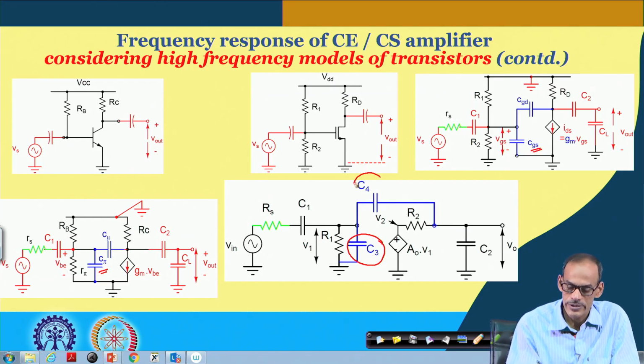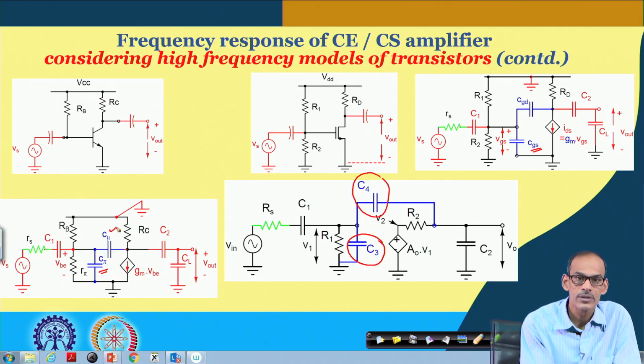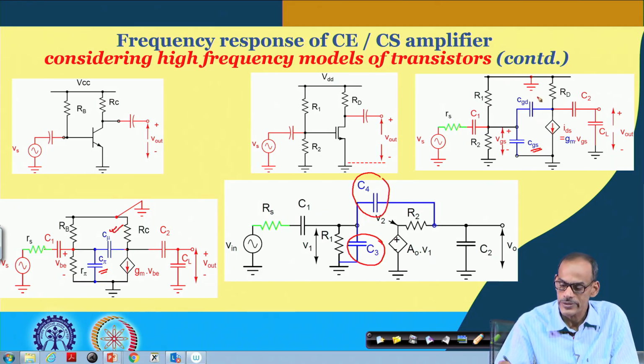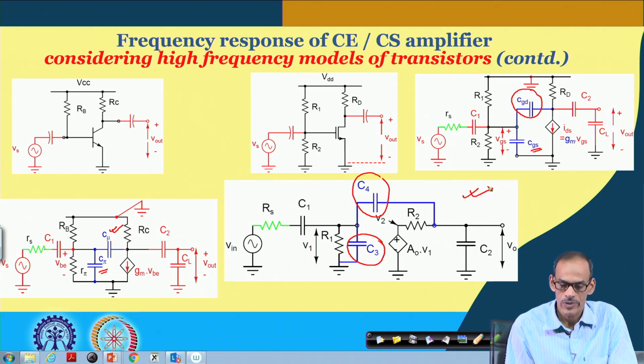Likewise, C4 represents C mu or CGD depending on CE or CS amplifier. So, this is the generalized model of the amplifier, whether common emitter or common source, that can be analyzed by considering this circuit.